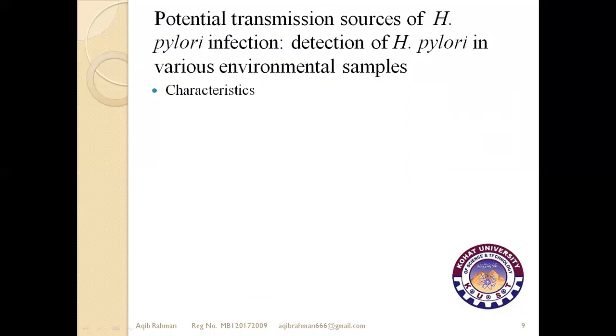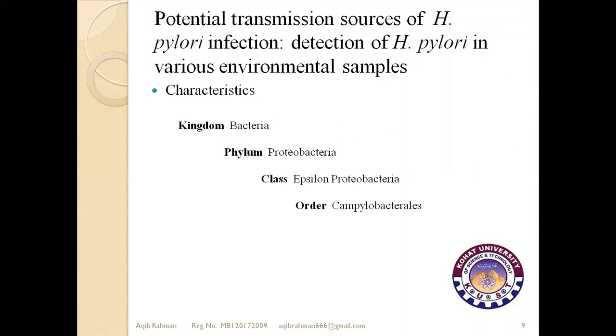Now we discuss its characteristics. First we discuss the taxonomic classification of H. pylori, in which it belongs to kingdom Bacteria, phylum Proteobacteria, class Epsilon Proteobacteria, order Campylobacterales, family Helicobacteraceae, genus and species Helicobacter pylori.